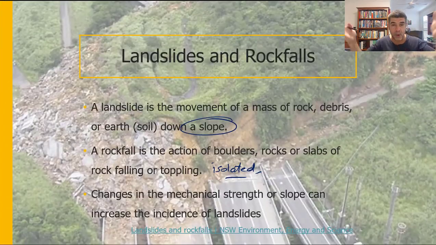Basically, when you get a whole mass of material moving down a slope, we're talking about landslides. They tend to be more closely related to any change in the slope itself, such as how steep it is, and rain can have an impact on that.